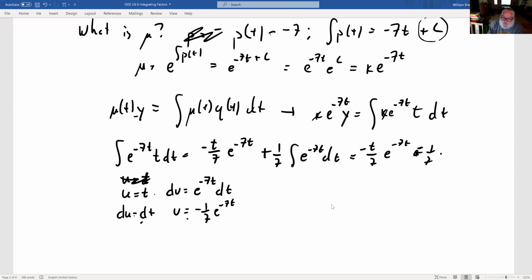Plus 1/7, and when I integrate the e to the -7t again, I get a minus 1/7 e to the -7t, and a plus c at the end.